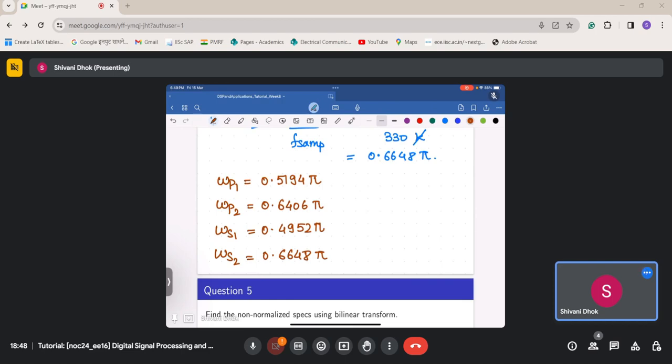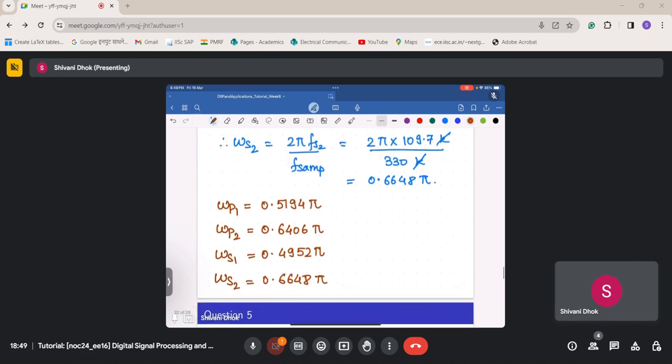Any questions in this part? Okay, if there are no questions, then let me go ahead. Yeah, so what you got are the digital filter specifications. Yes, correct. Okay.